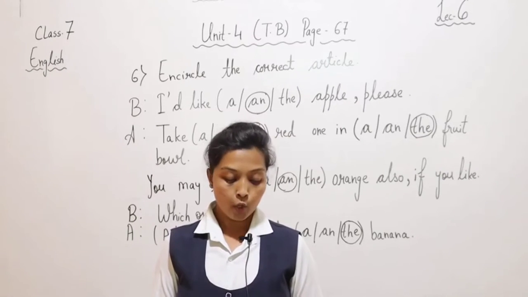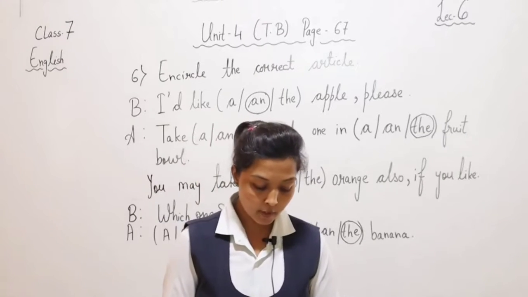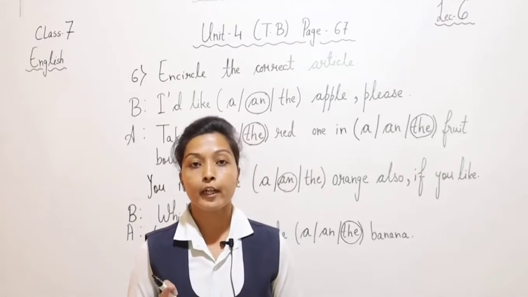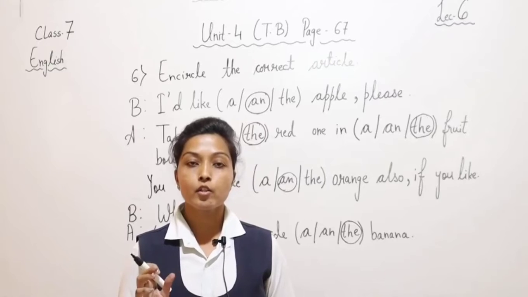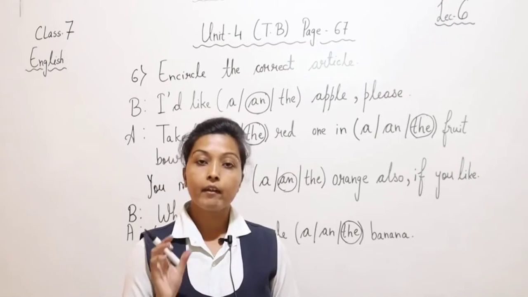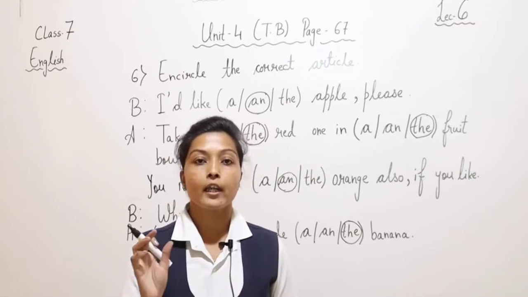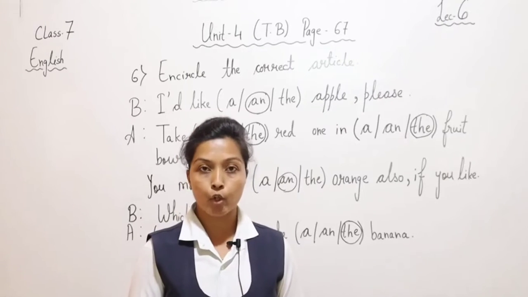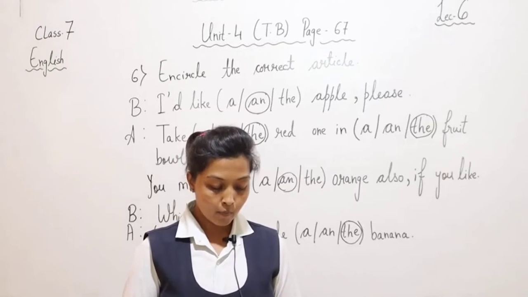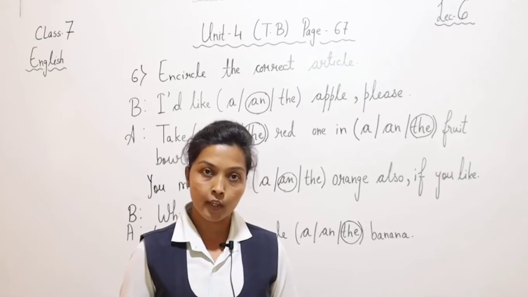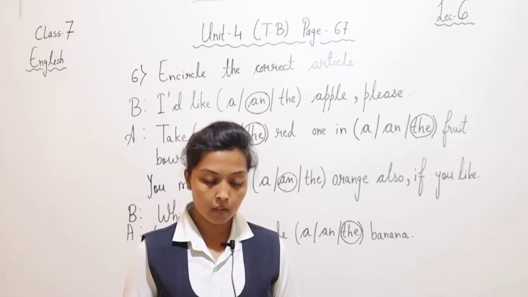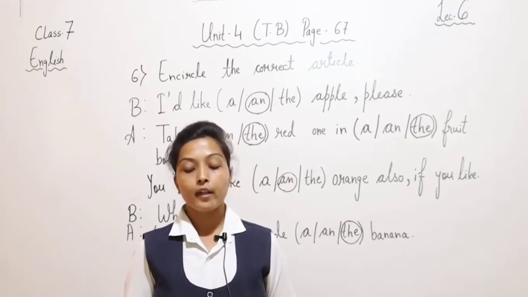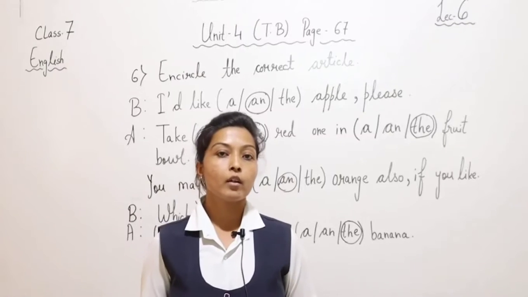Narrate the story to others in your class. So see, one story is given downside. Anecdote means a short, amusing or interesting story about a real incident or a person. And first I am going to read this story, and then the task is what? Narrate the story to others in your class.